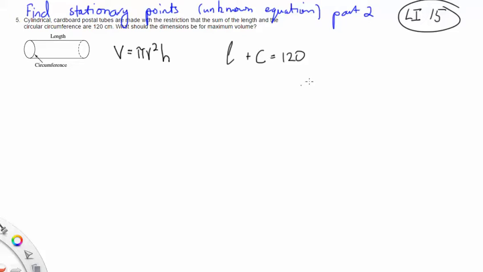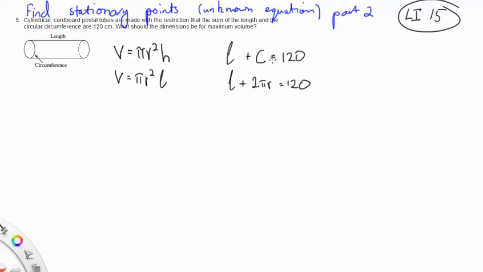Alright, what can we substitute into these equations? Well, the height of this cylinder is really just the length. So let's rewrite this equation as pi r squared L. And the circumference of a circle can be rewritten as 2 pi r.